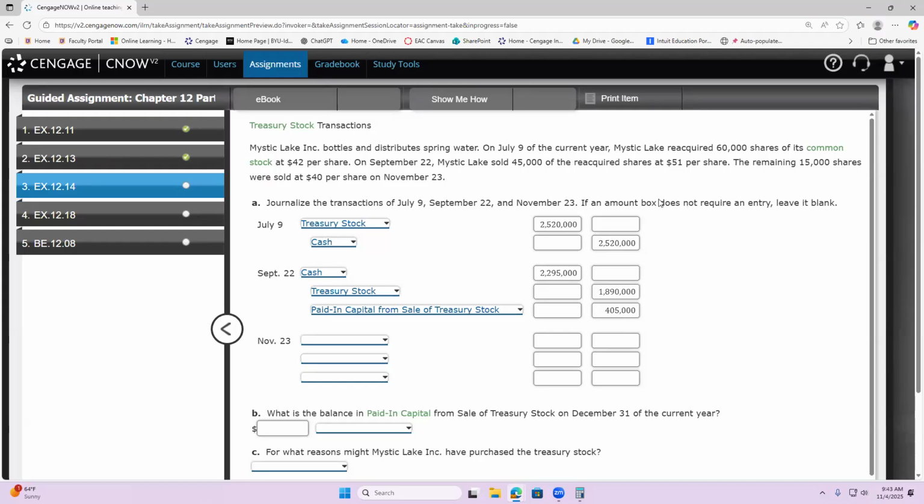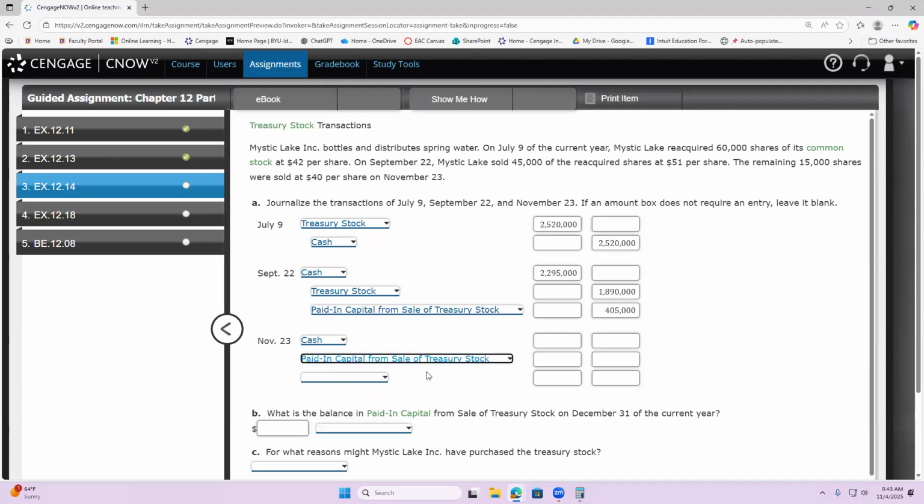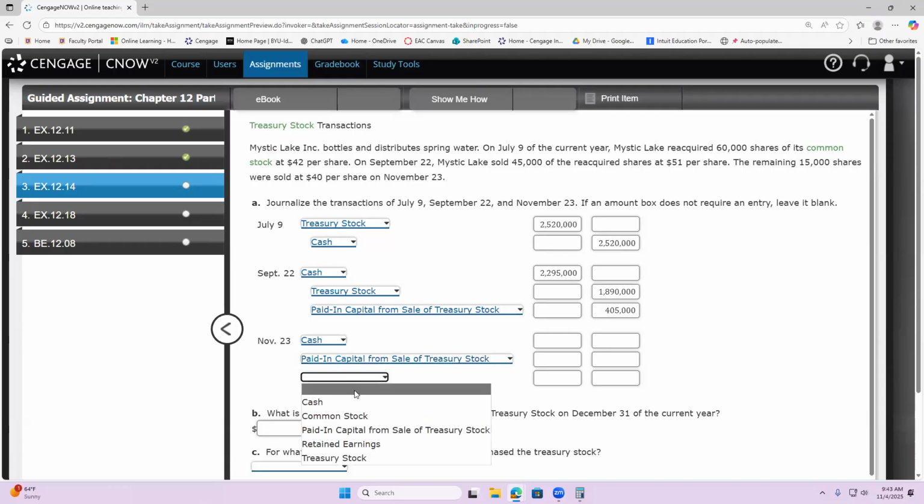Okay. November 23rd, they sold the remaining 15,000 shares for $40 a share. So again, we'll debit cash. And on this one, we're going to end up debiting the paid in capital for the sale of treasury stock because we're selling it for less than what we paid for it in treasury stock.